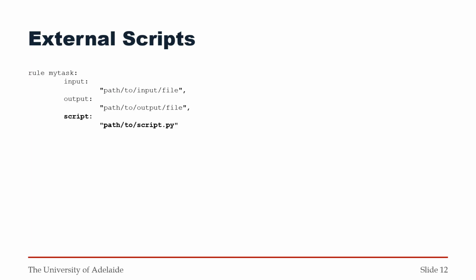Up to now, I've shown some rules that have a shell keyword with the bash or shell commands that will be executed to generate the output file from the defined input. Snakemake also has the capability to use other scripts, using the script keyword. By default, Snakemake supports Python, R and R Markdown files.